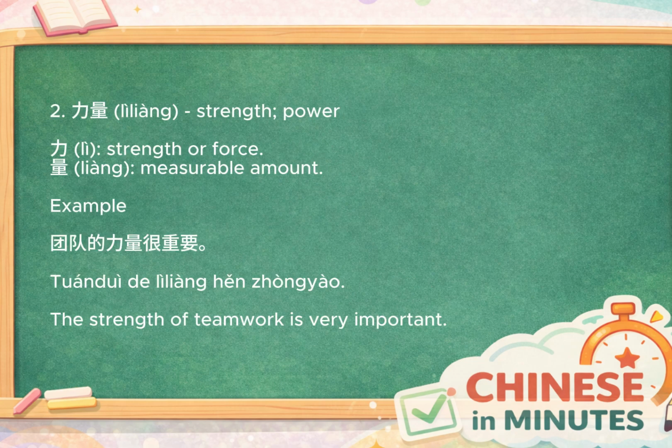Next is 力量, which means strength or power. The character 力 means strength or force, while 量 represents the amount or level. Together, 力量 literally means the amount of strength. Naturally, it refers to someone's physical strength, inner strength, or even the power of a group.